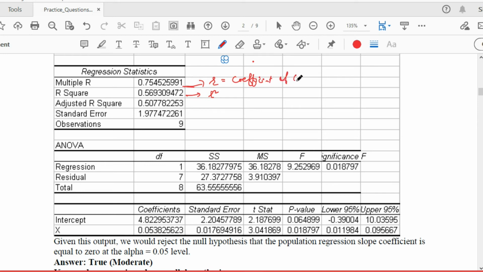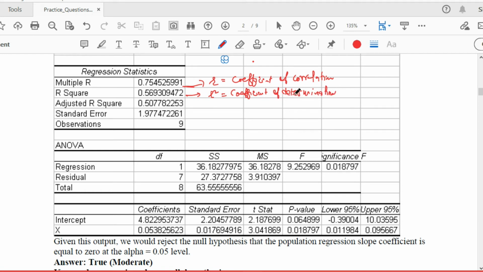Suppose you have this table and the question is what is the coefficient of correlation between the two variables x and y. Just write this value. Second is r square. It is also a coefficient actually: coefficient of determination. Please remember this is very important. Sometimes this question is asked.